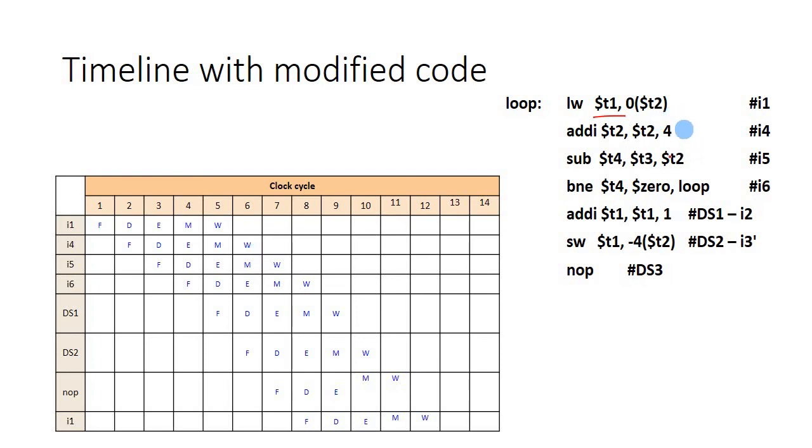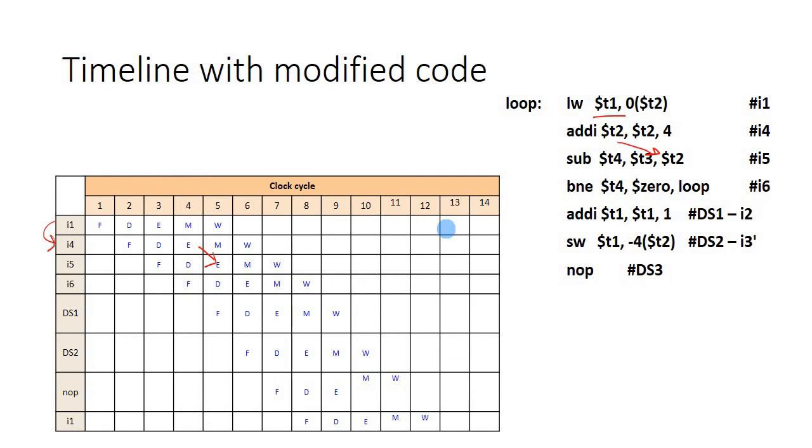From I4 to I5, I still have the forwarding over here. But you can see right now from the first instruction to the second instruction, there is no longer a need for me to stall the processor as we saw from the earlier examples.